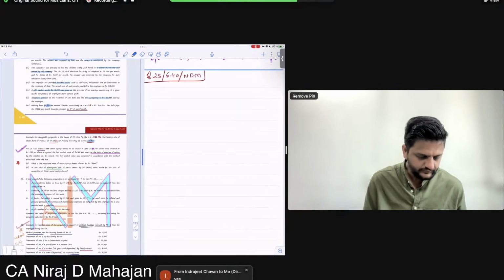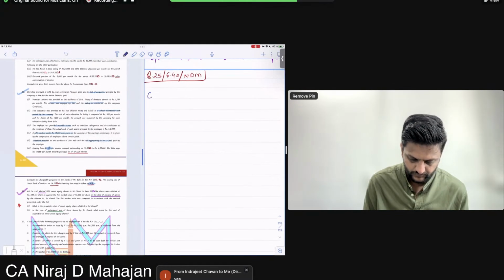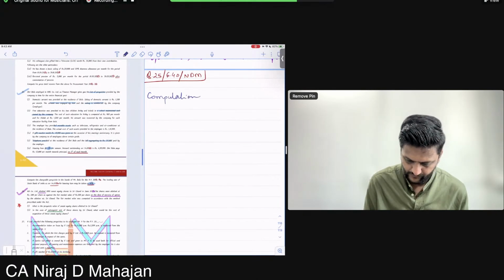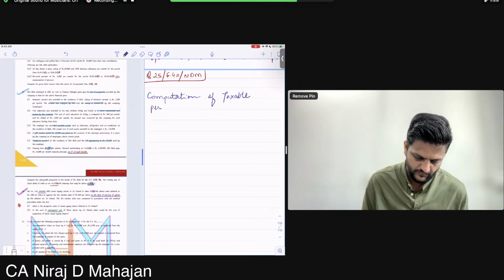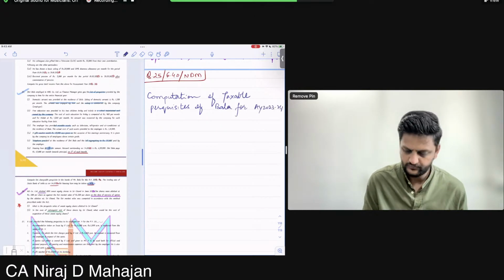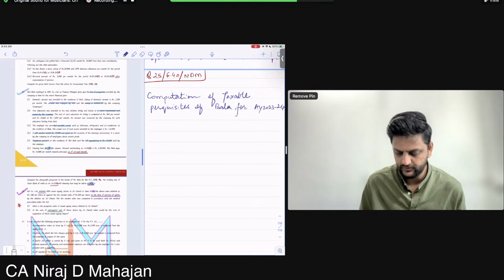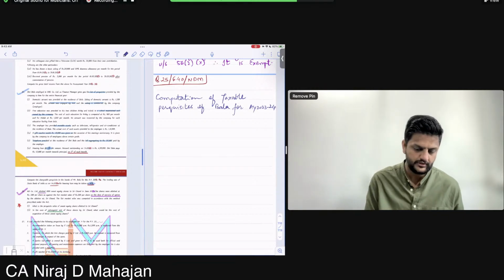Write down computation of perquisite for AY 23-24. Ready, everybody? So particulars, rupees.